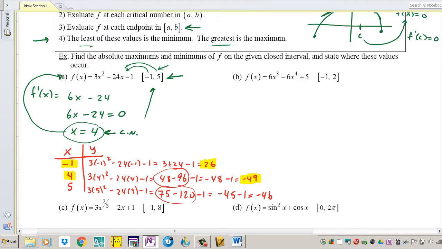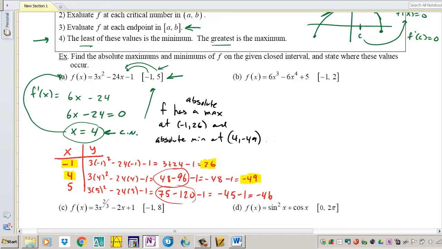So f has an absolute max at -1 comma 26, and an absolute minimum at 4 comma -49.